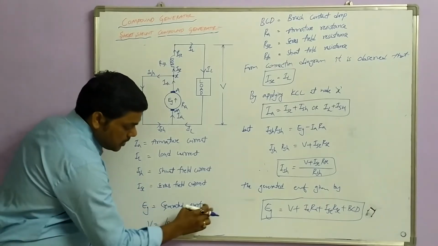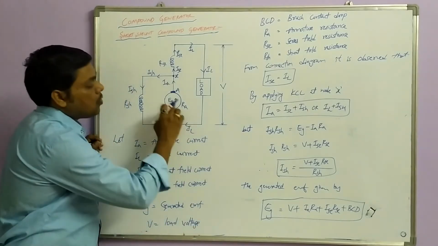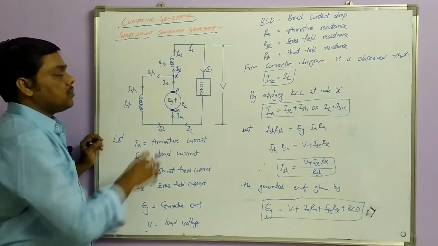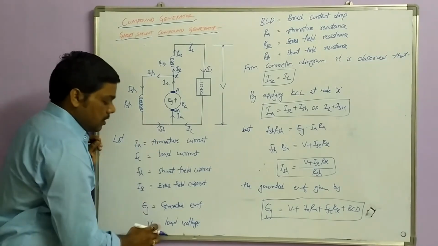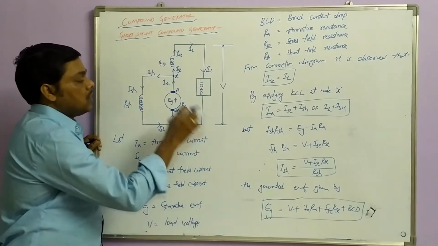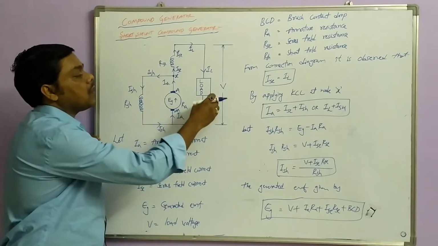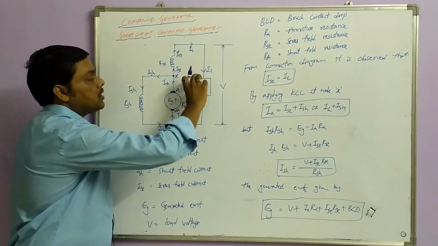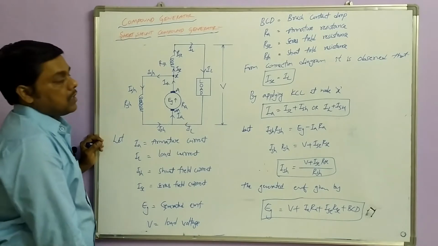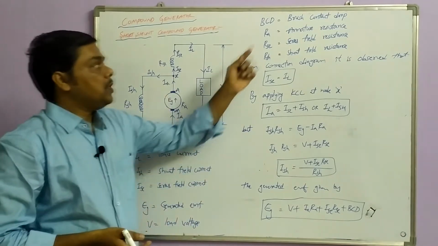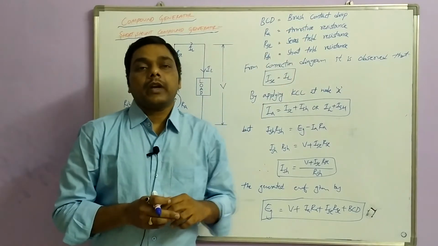And EG is the generated EMF in volts. What is the actual voltage generated? What is the actual EMF generated? And V is the load voltage. So generated EMF minus the drop across them, we will get the load voltage. So the voltage available across the load terminals is nothing but the load voltage. Now similarly, BCD stands for brush contact drop.